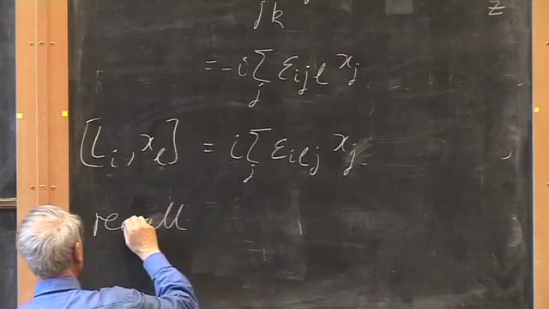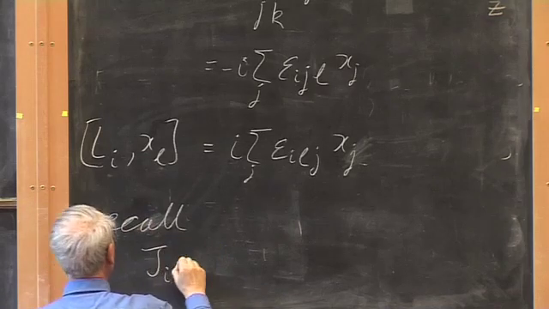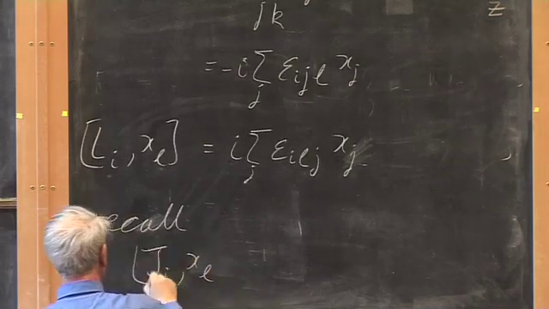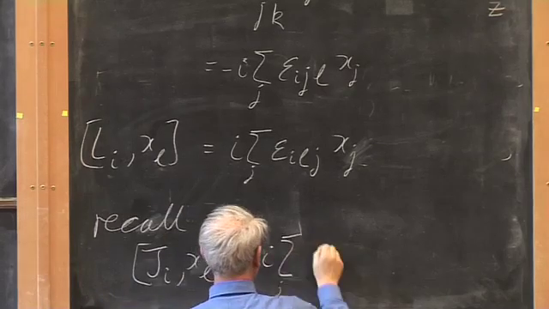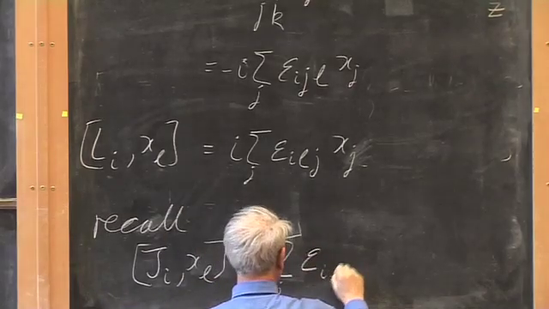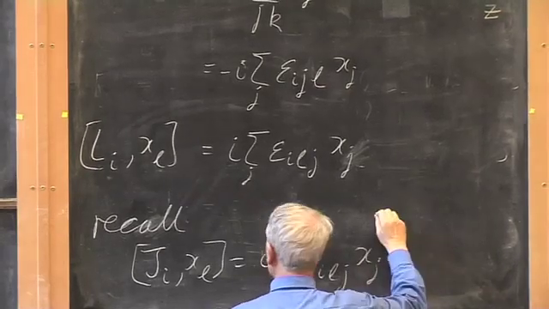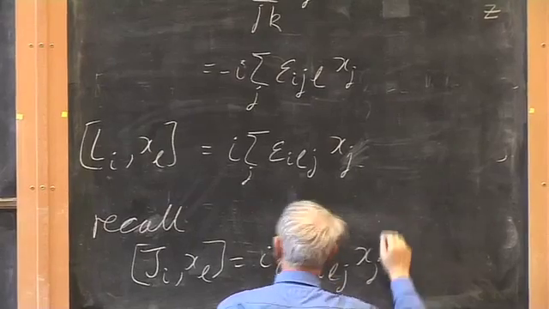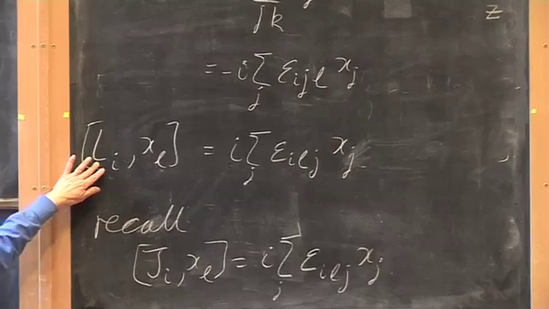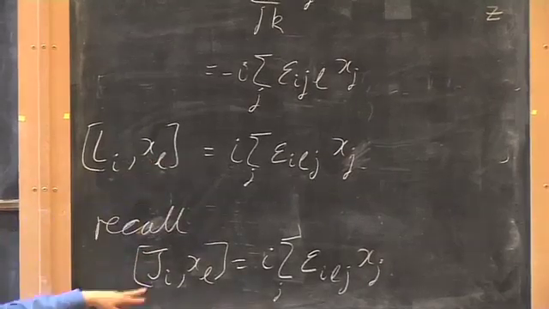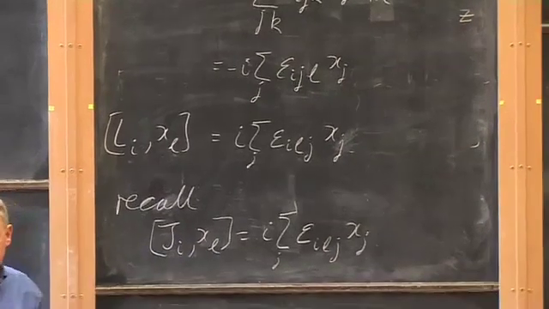So we need to recall at this point that Ji, comma xl, is equal to i sum over j epsilon i l j xj. So the commutator of this orbital angular momentum operator with this position operator is the same as the commutator of this total angular momentum operator with the position operator.